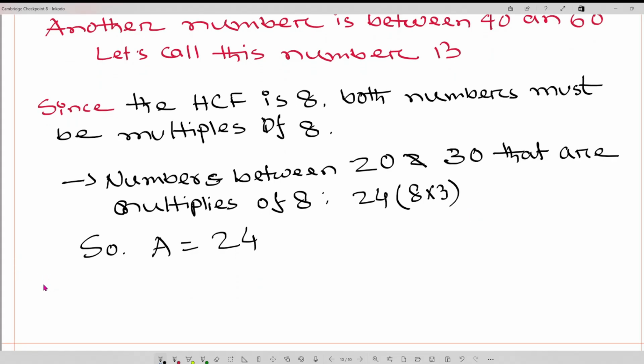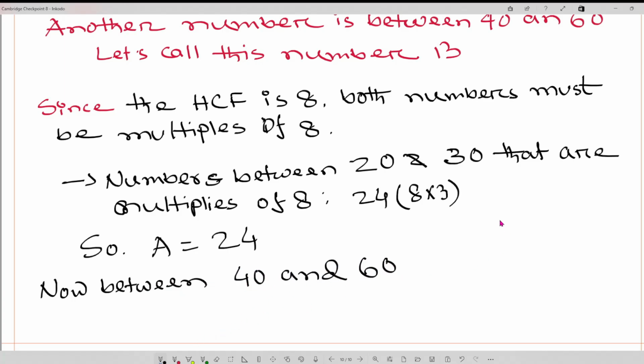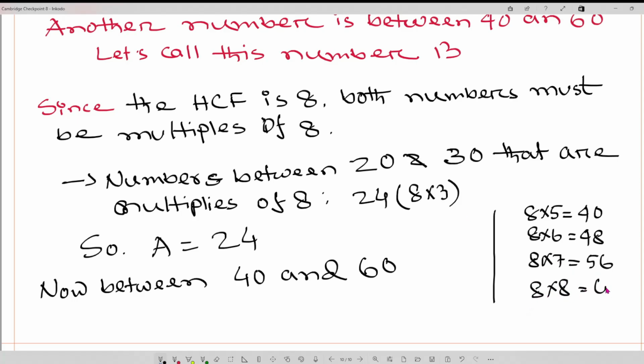Now between 40 and 60. Let's consider 8 times 5 is 40, 8 times 6 is 48, 8 times 7 is 56, 8 times 8 is 64, but we cannot take this one.